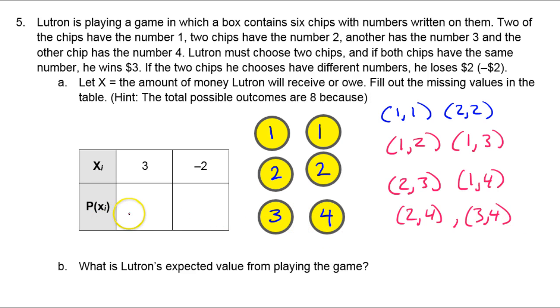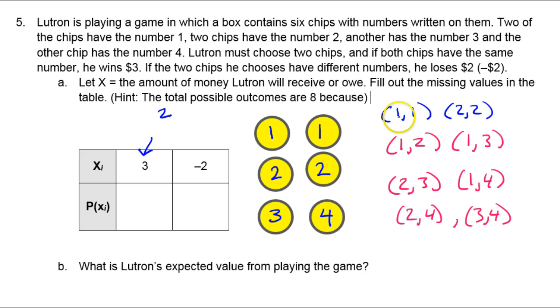Now, there's a total of 8. I did give you that hint, but now I've shown you exactly why it's 8. So if I want to earn $3, I need to have them be the same. So target over total, the probability for this one, there are 2 ways to win the $3.